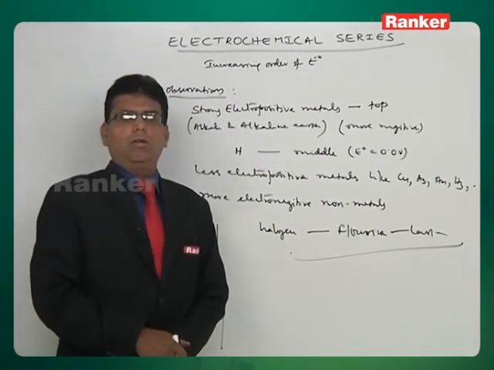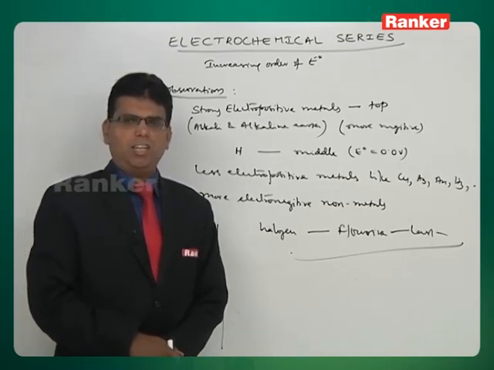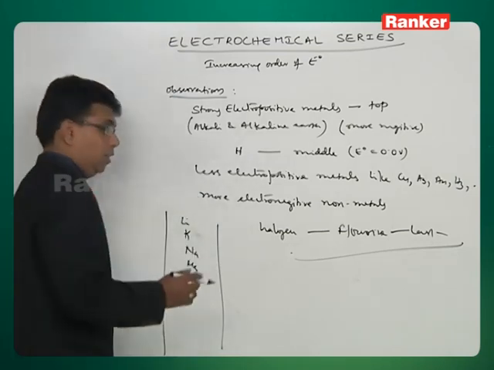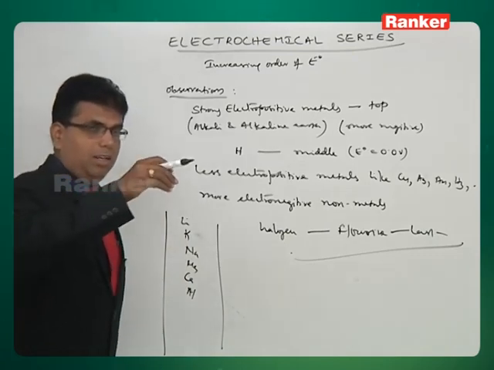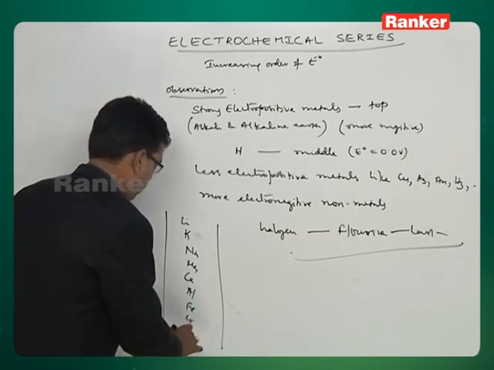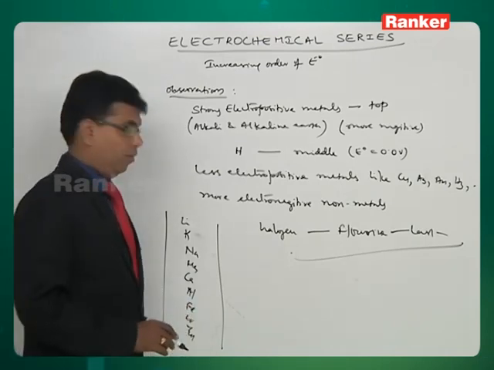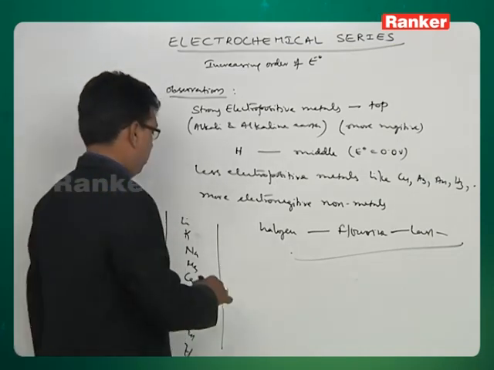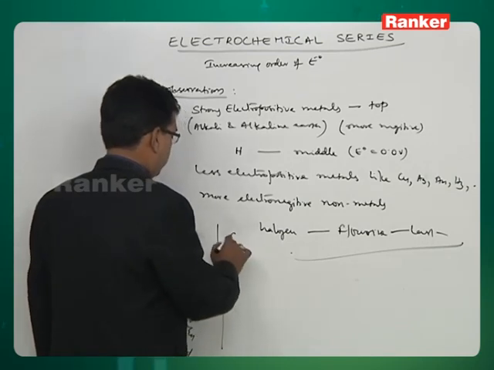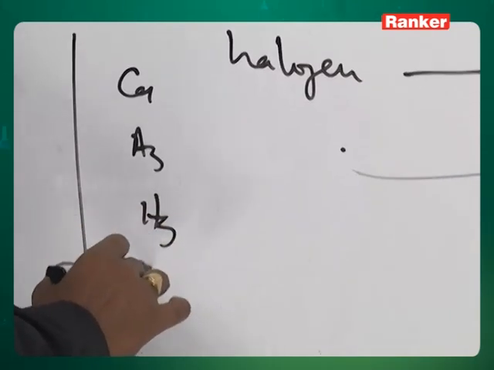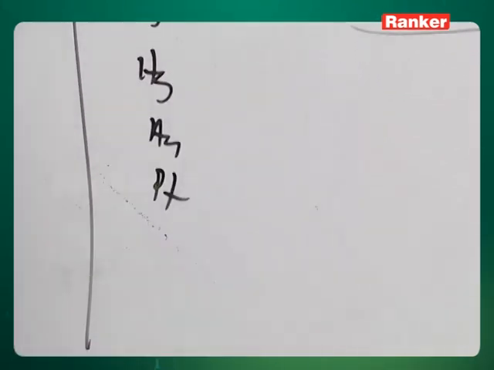So, highly electropositive alkali metals, followed by a few alkaline earth metals, followed by a third group metal like aluminum, followed by more electropositive metals in the d block, that is iron, chromium, zinc, followed by hydrogen at the middle, then copper, silver, mercury, gold, platinum.